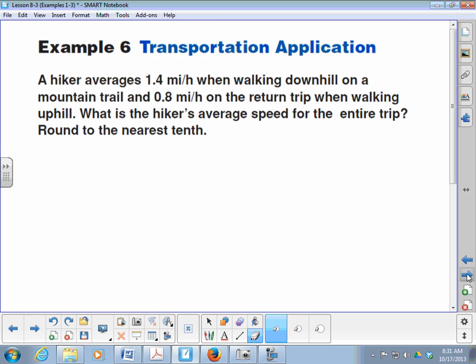Time. And so if I'm going to go downhill on this mountain trail, I have a certain speed that I go, and so that results in me having a certain amount of time that I walk, right? And if I go back uphill, I have a certain speed, and since my speed is less, my time's going to be more, okay?